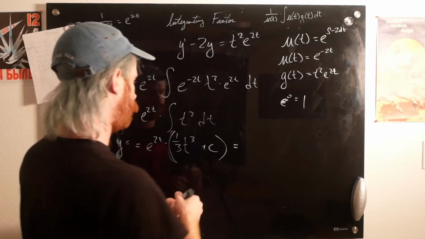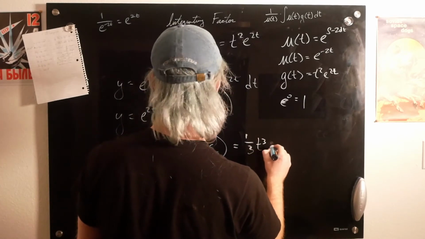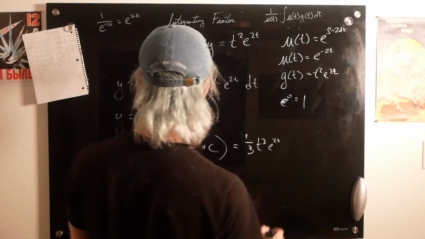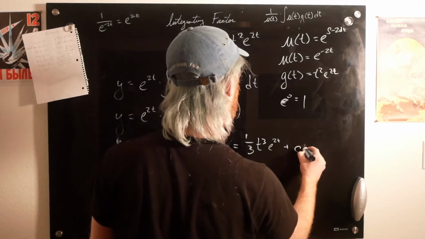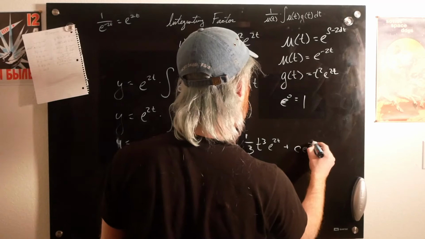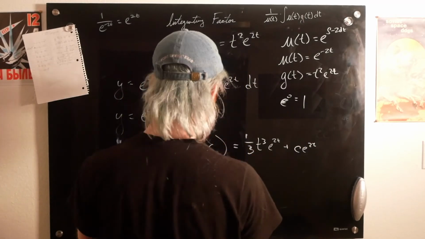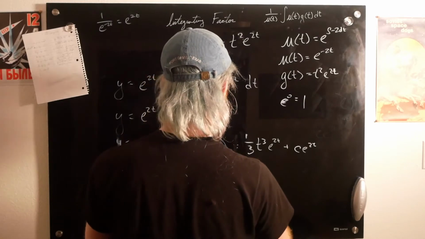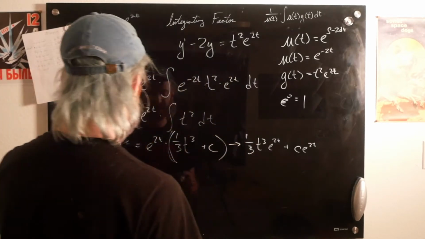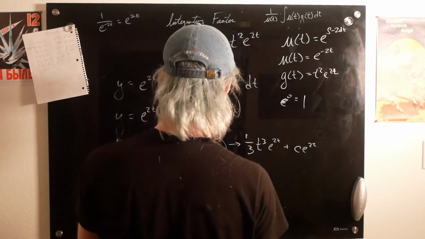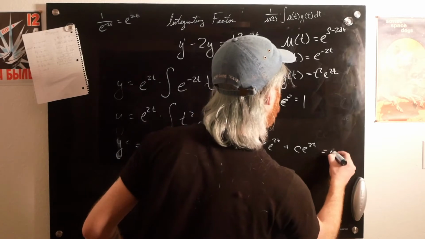So 1 over 3 t cubed e to the 2t plus c times e to the 2t, and this is going to be your answer, right? This is going to be your answer, and that's little y.